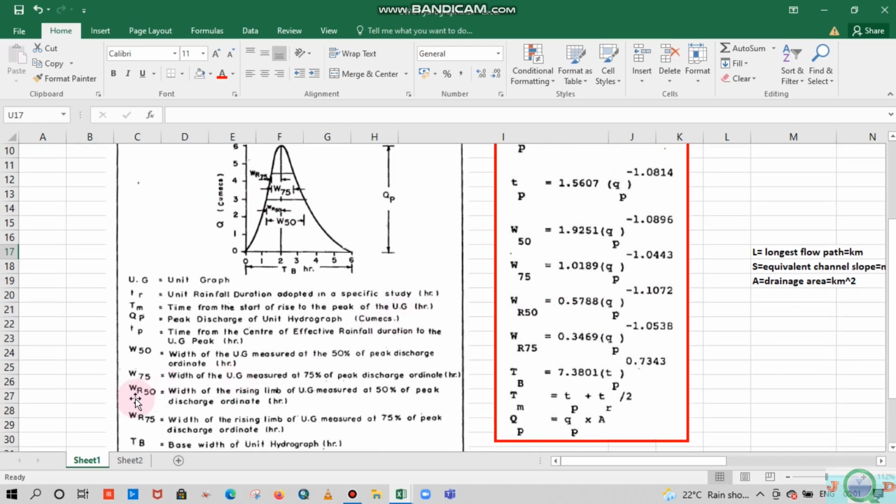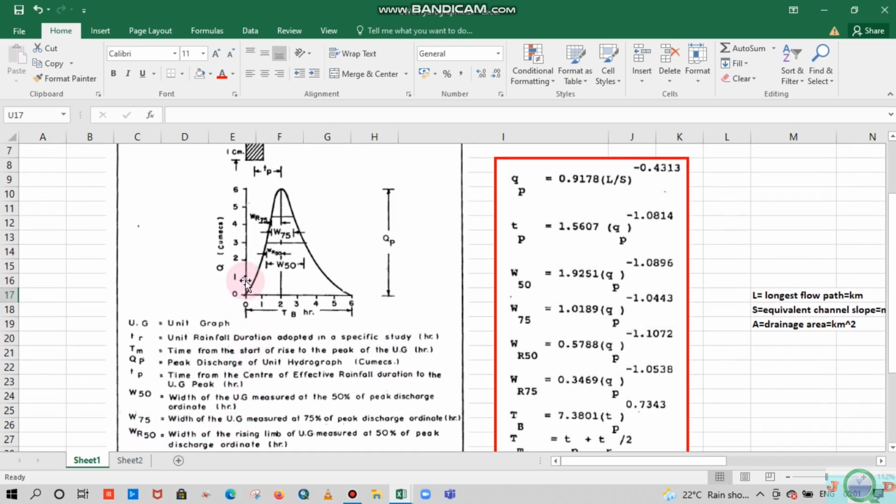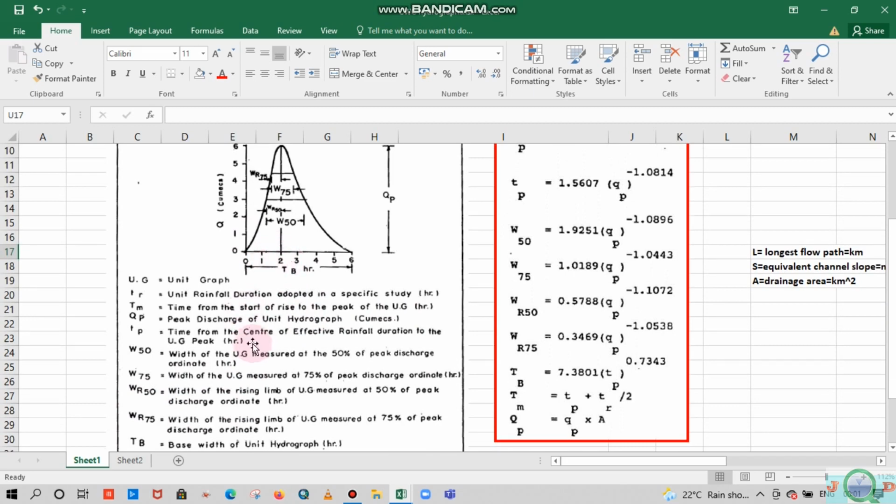So we will do this manually once we find out these parameters. And WR50 is the width of the rising limb measured at 50% of the rising limb. So for the rising limb, we need to find this time ordinate of WR50 for 50% of the peak. Here we will mark it, and similarly for 75% of the peak.